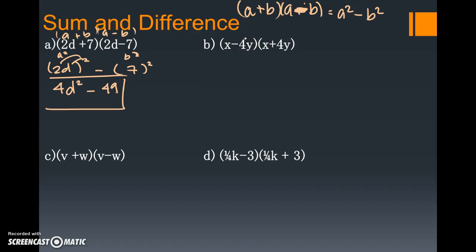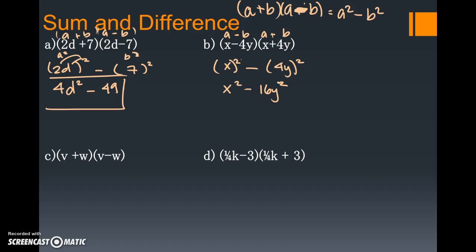No one cares because multiplication is commutative. And so we're going to have x² minus 4y², because this is your a, b. x² is just x², minus 16y². Like it? I love it.